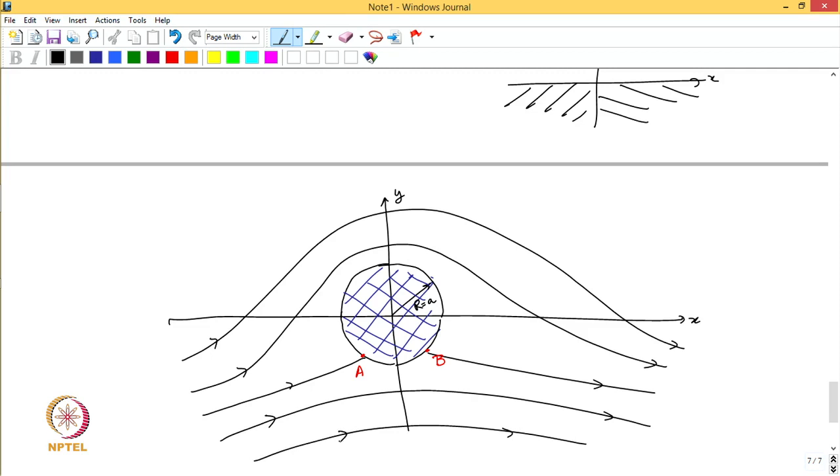So, that would be the flow profile that we would see for this case. So, these are the two stagnation points again, and these are going to be located symmetrically about x equal to 0.